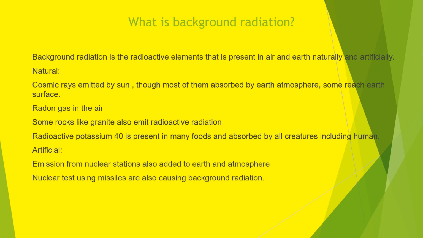Some rocks like granite also emit radioactive radiation. Radioactive potassium-40 is present in many foods and we eat it, and it is absorbed by all creatures including humans. Artificial radiation is emission from nuclear stations. They are added to the Earth as well as the atmosphere. Nuclear tests using missiles also cause background radiation in the atmosphere.